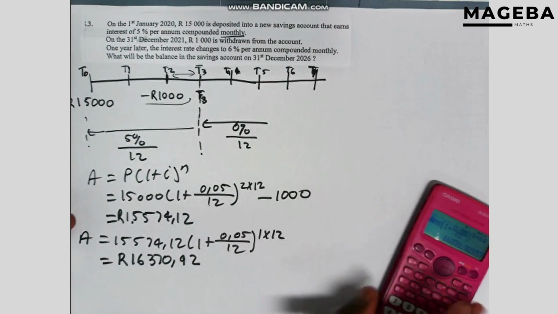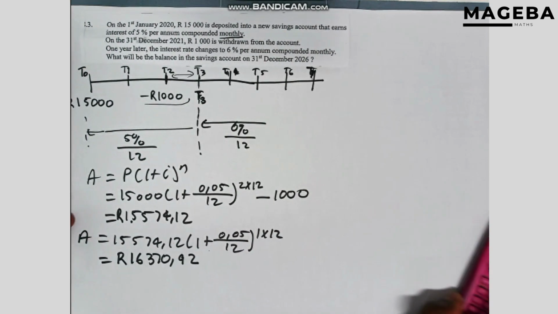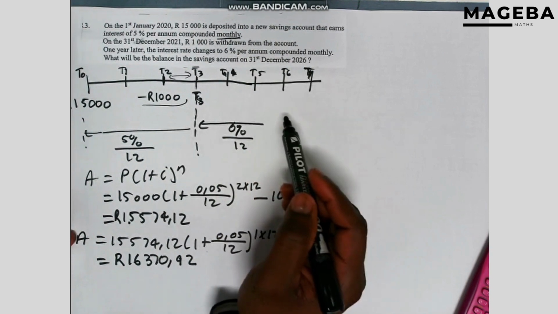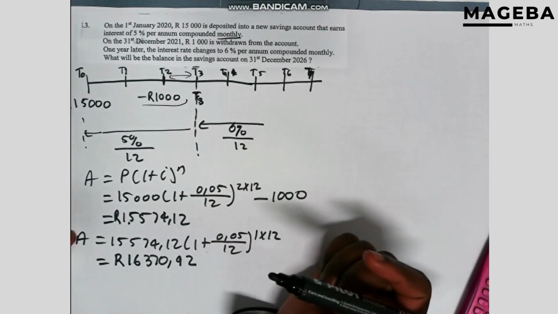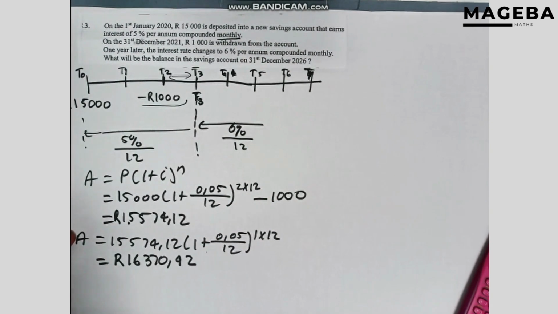Now, how many years are we left with? 1, 2, 3, 4. So I'm left with 4 years to complete our 7 years, because there are a lot of things happening within these 7 years. So we're going to find the amount for the last 4 years.